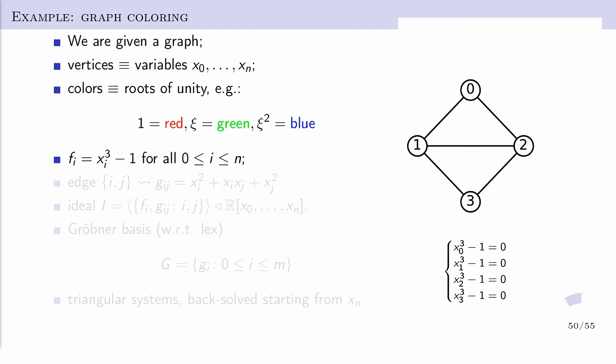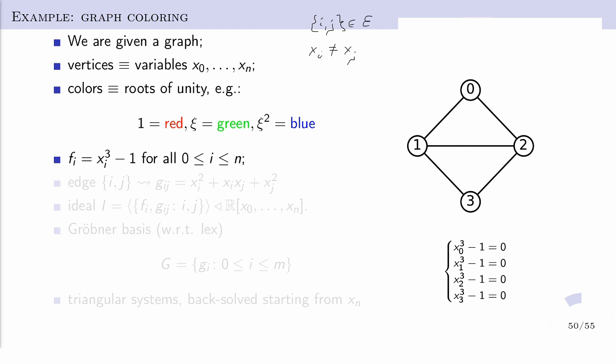But graph coloring requires that adjacent vertices have distinct colors, so it is natural to add some inequalities to our system. So if i and j is one of the edges, belongs to the list of edges, then xi must be different from xj.